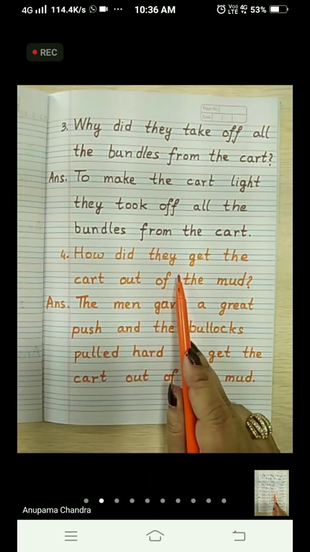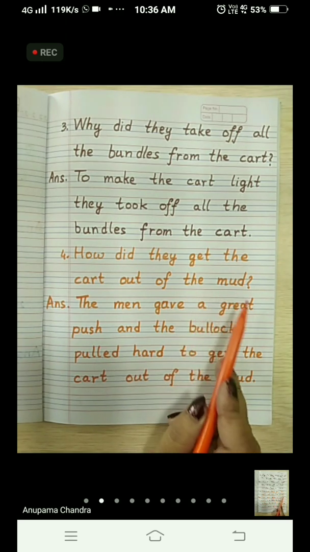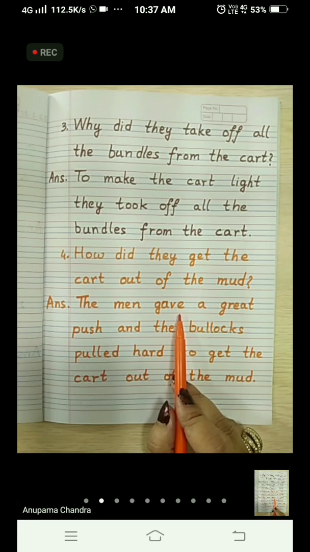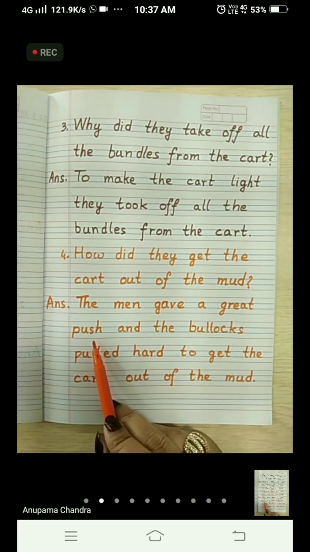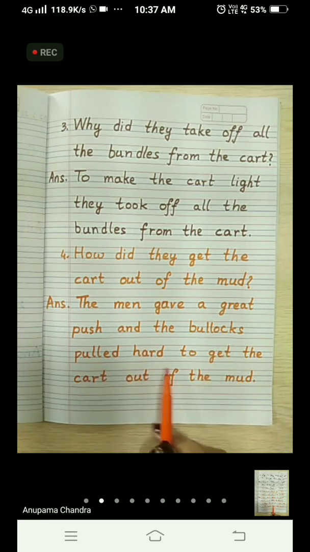How did they get the cart out of the mud? The men gave a great push and the bullocks pulled hard to get the cart out of the mud. Write it down, children, and I will go to the next question.